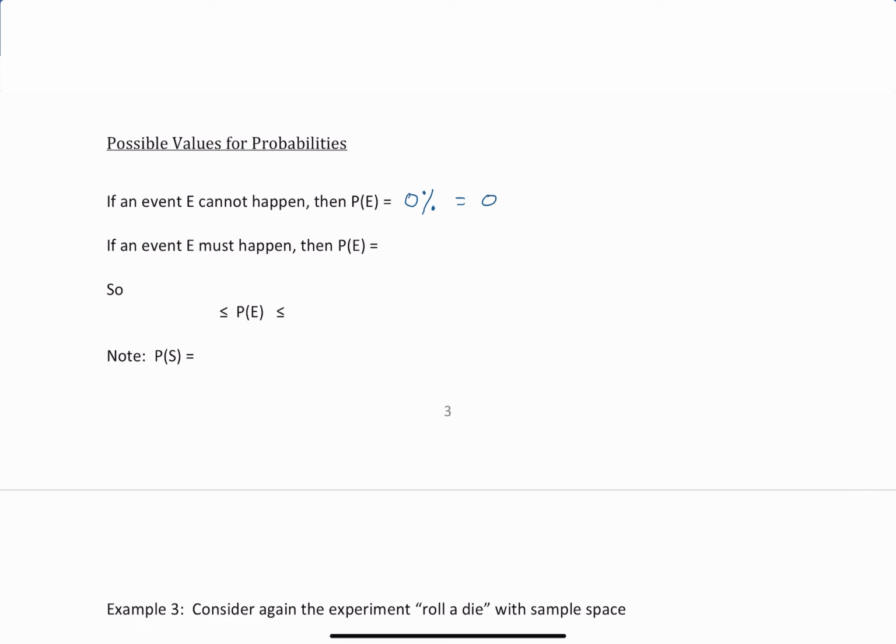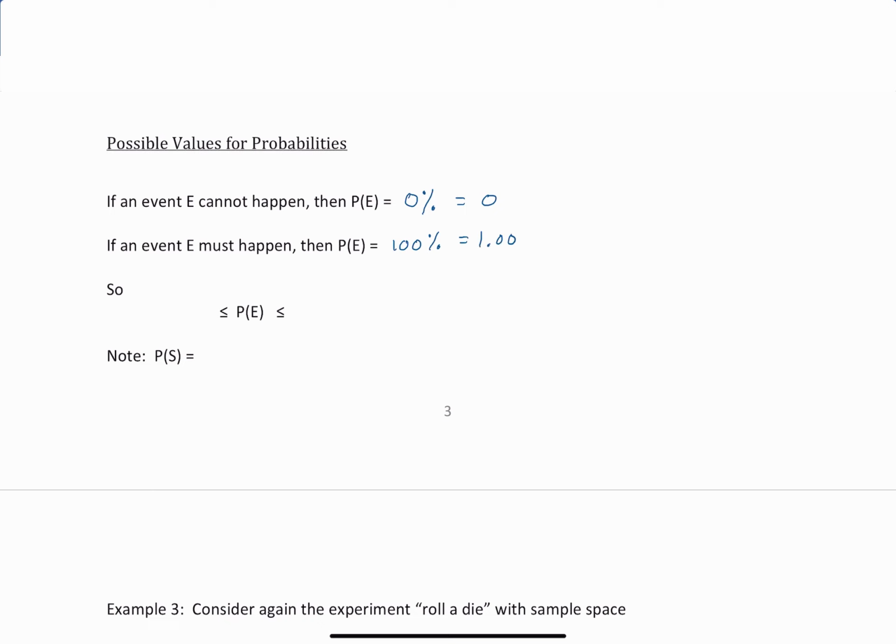If an event E must happen, in other words, there's no way it cannot happen, then the probability of that event E is 100%, which in decimal form is 1.00.